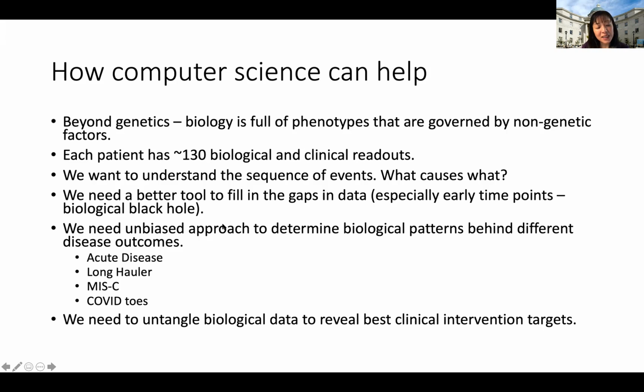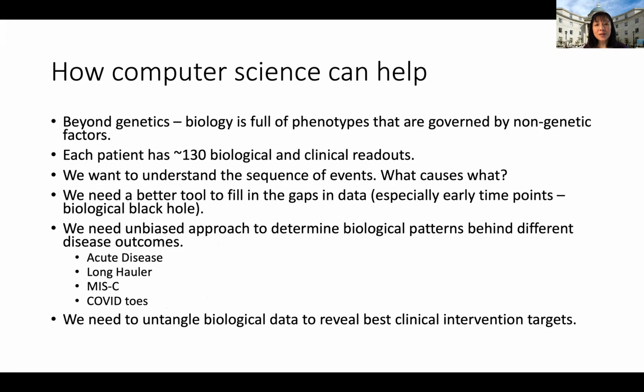And we also need an unbiased approach to determine biological patterns behind different disease outcomes. As I mentioned, there is the acute disease, the long hauler, the children with the multi-inflammatory syndrome, COVID toes, and so on and so forth. This virus causes so many different heterogeneous disease outcomes.